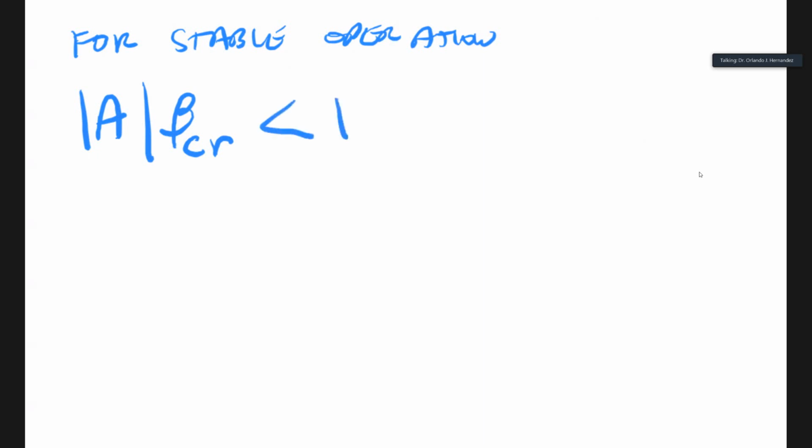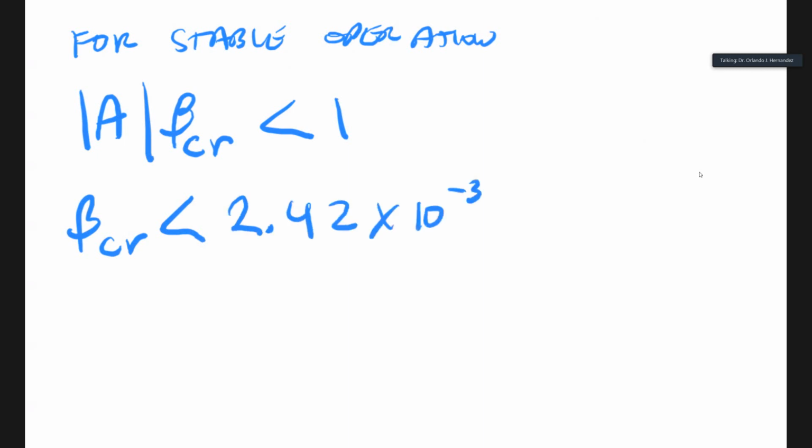That's the boundary. Okay? So then beta has to be less than 1 over the magnitude of A, which turns out to be 4.2 times 10 to the minus 3.